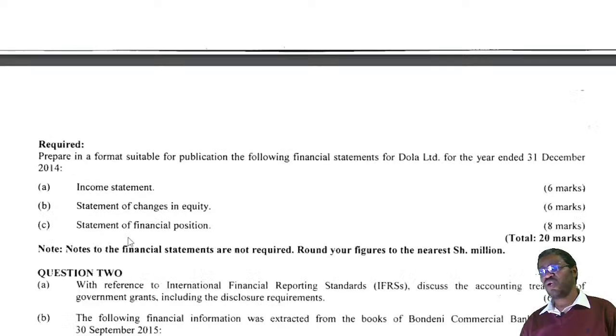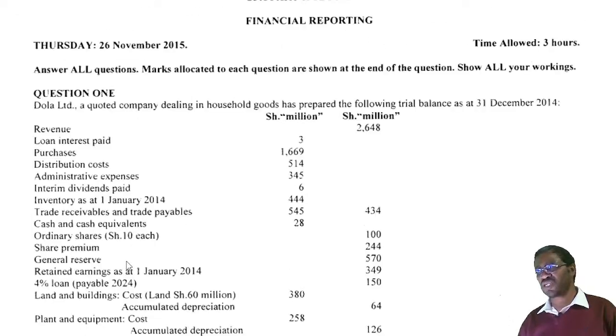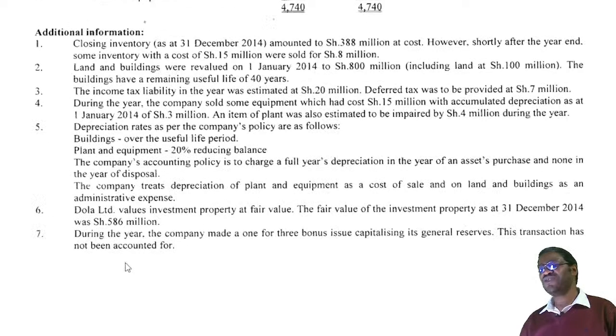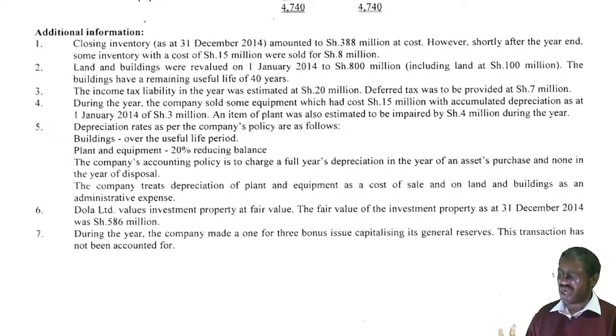Now, we want to go back to note number 1, note number 2, note number 3, and do the workings first. Before we prepare the income statement, we need to do the workings first. So let's go back to note number 1, read it, and ask ourselves what they are testing in every note. Number 1, for example, they have said the closing stock as at 31st of December 2014 amounted to 388 million at cost.